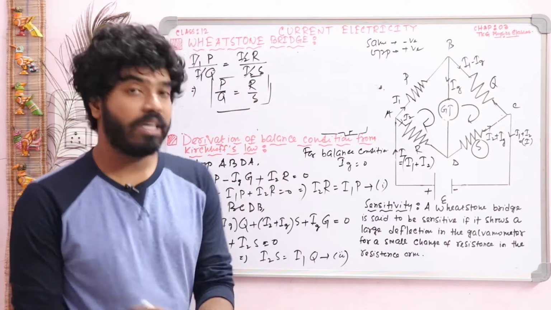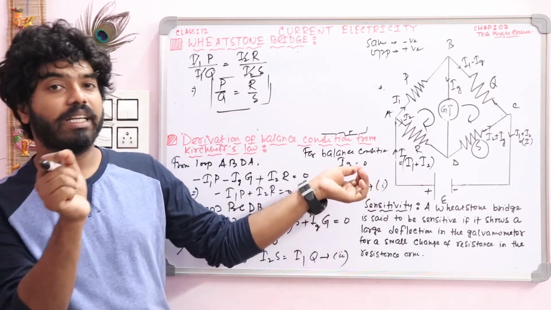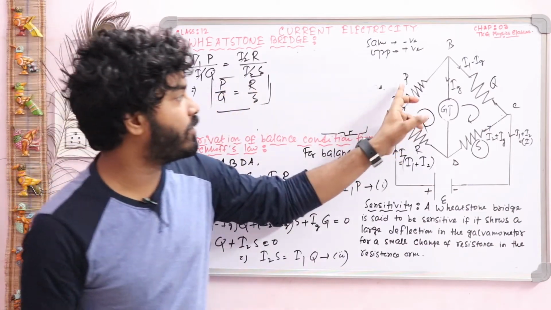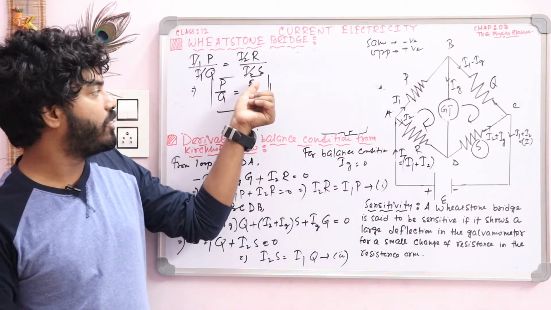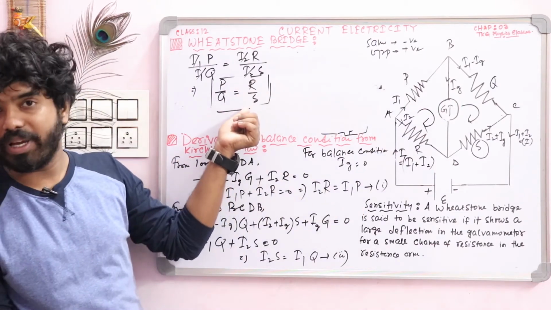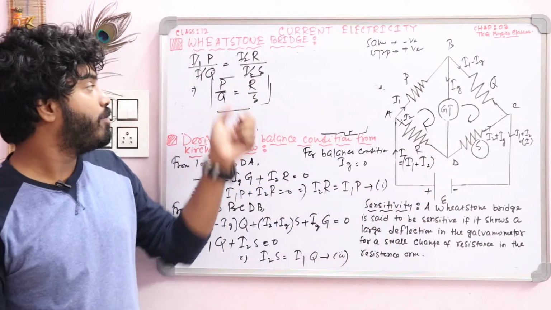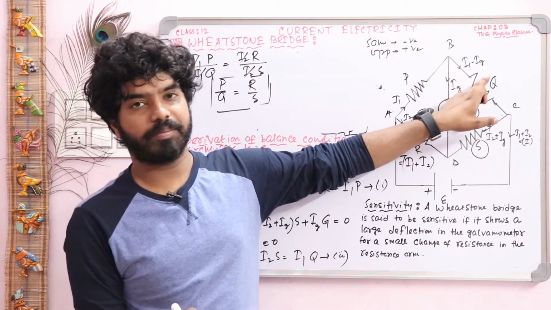So when there is no flow of current through this galvanometer, the condition arises when the ratio of P by Q, the ratio of resistance of these two arms, is exactly equal to the ratio of R to S. And here P and Q, these two arms, are known as the ratio arms.